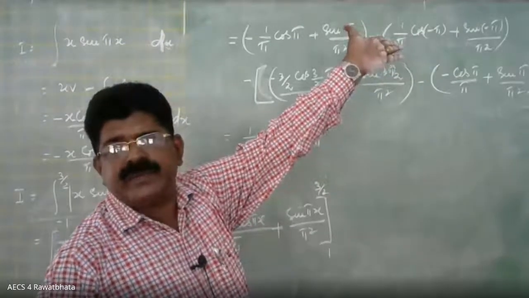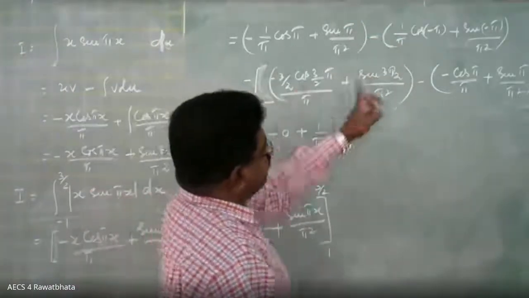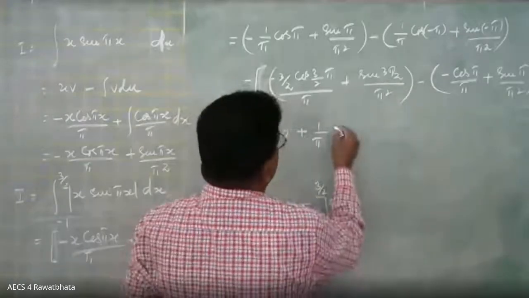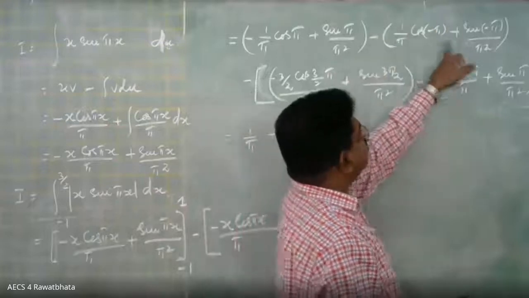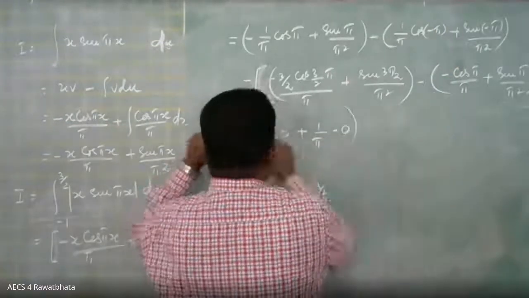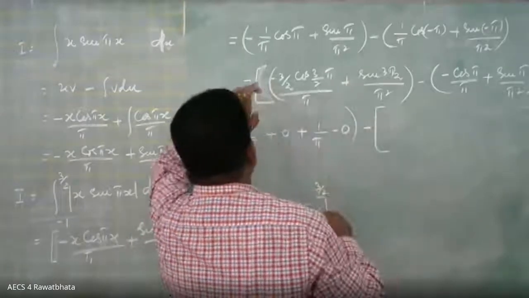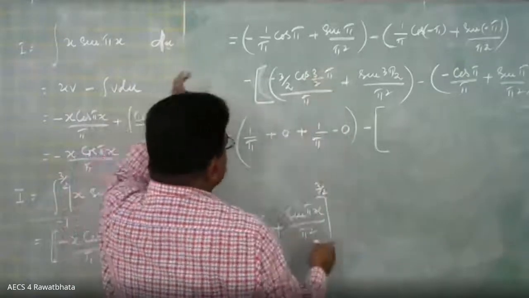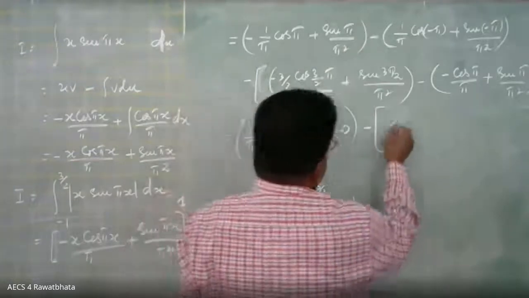Here minus minus plus, and sin of minus pi is 0. Now close it. Minus of the bracket: cos of 3 pi by 2 is 0, and sin 3 pi by 2.